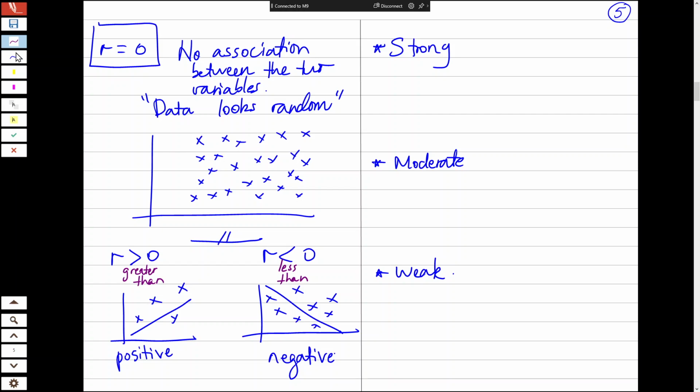Page 143. On page 143, you have a table. So we're going to say between 0.5. They actually include 1, which is a bit confusing. This isn't the same as last year.